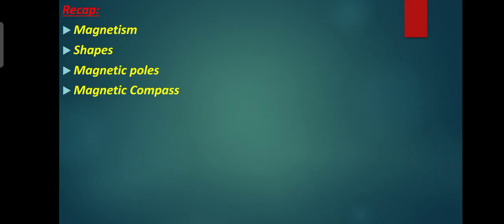A compass points north because all magnets have two poles, north pole and south pole. And the north pole of a magnet is attracted to the south pole of another magnet. You've seen this demonstrated by a pair of simple bar magnets or refrigerator magnets pushed end to end.